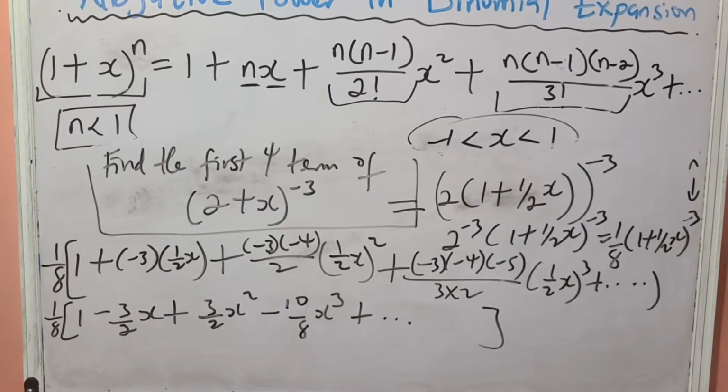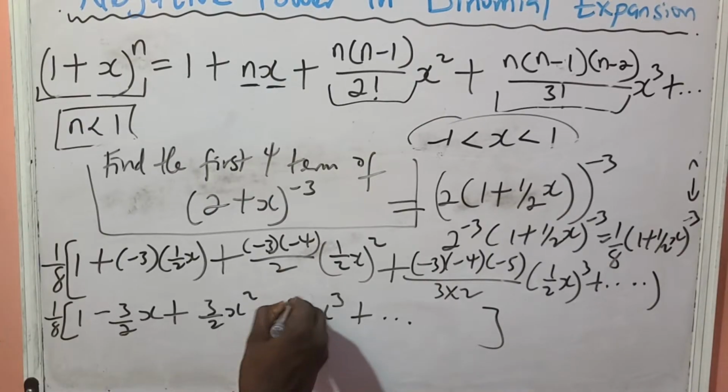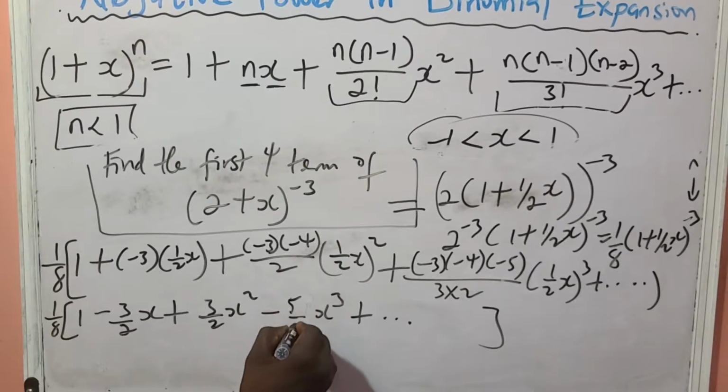So that will be minus 5 over 4, right? Because minus 10 over 8 should give me, we can take this down to minus 5 because 2 will go here 5, 2 will go here 4.